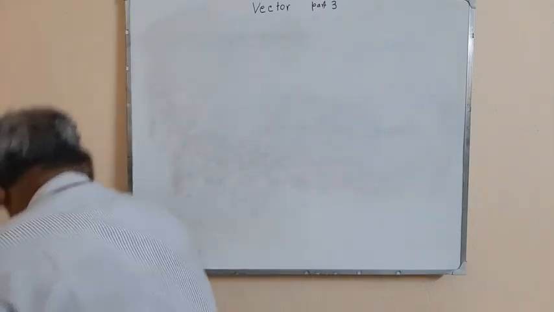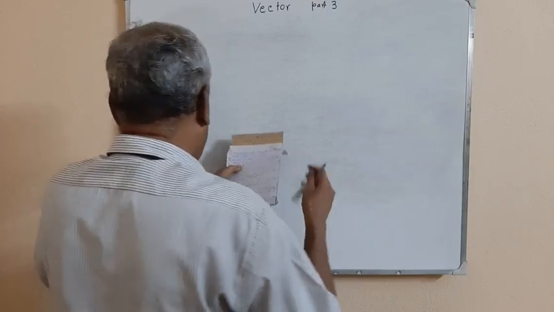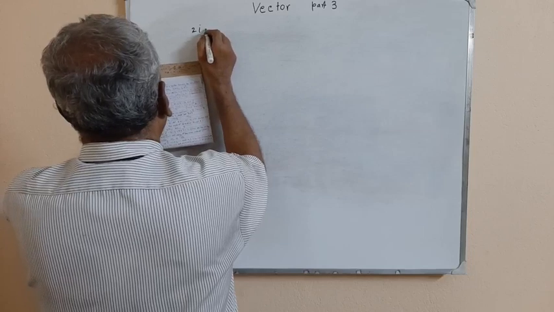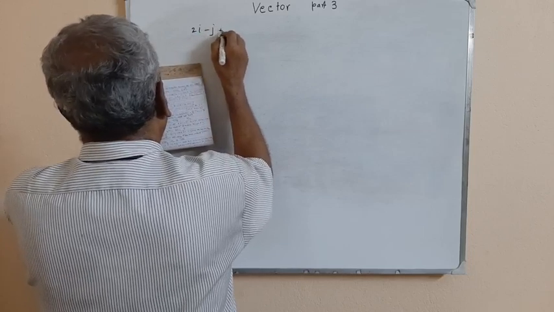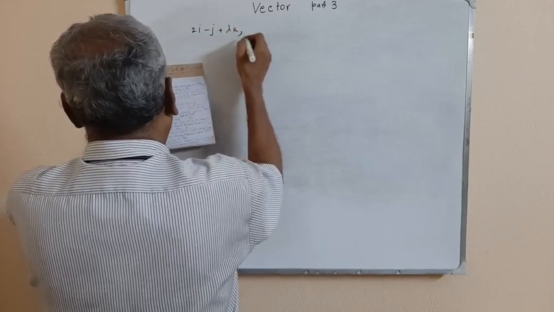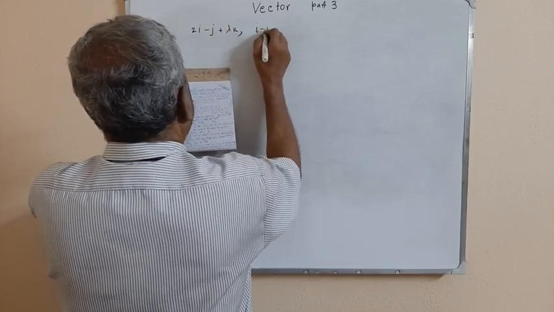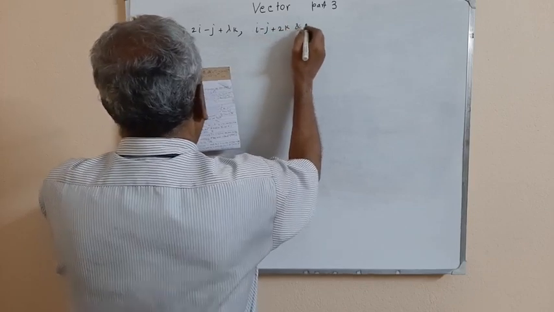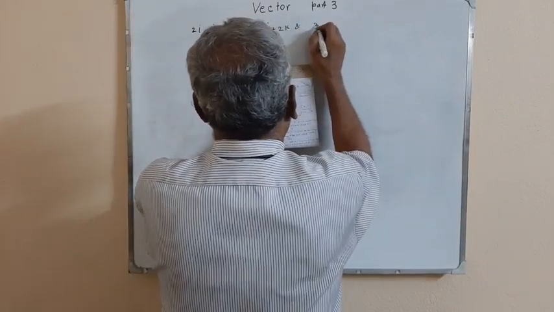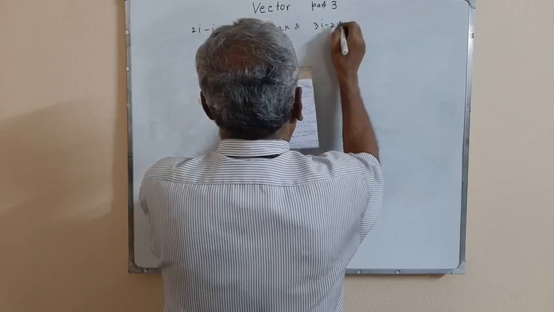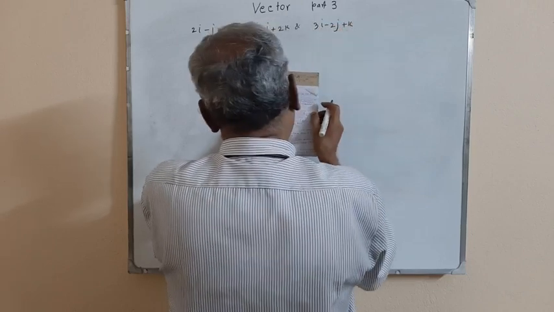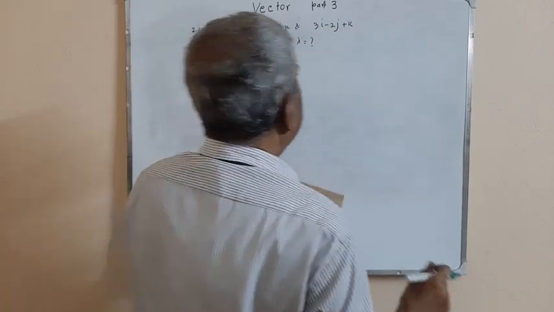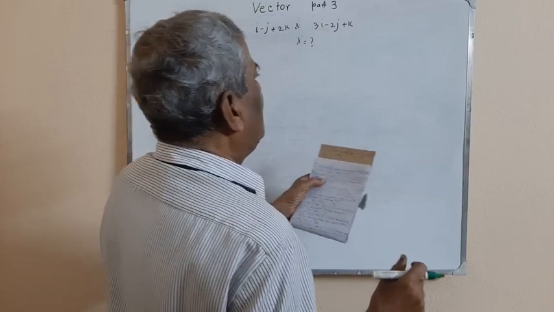Next problem is: the vectors 2I minus j plus lambda k, next vector I minus j plus 2k, and third vector 3I minus 2j plus k are coplanar, then lambda is. Just now, we have done this type of problem.